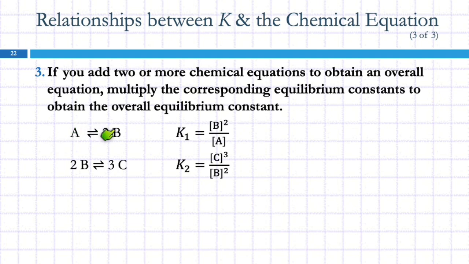So A goes to 2B, here's our equilibrium constant. And B goes to 3C, there's the equilibrium constant. If we add these two equations together, this is forming 2B, and then the 2B is getting used up, right? So when we add them together, we're going to get A is in equilibrium with 3C.